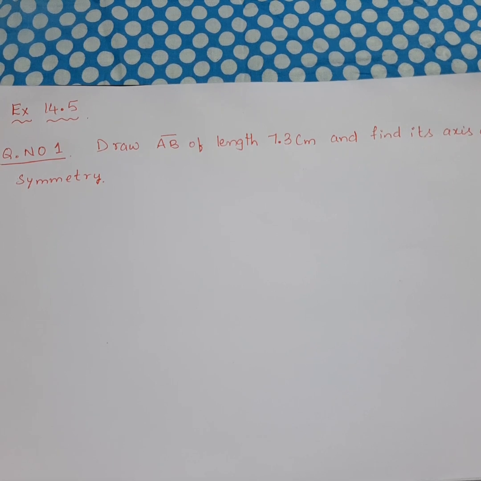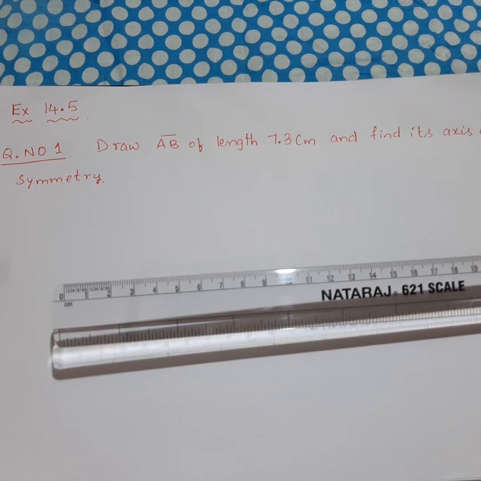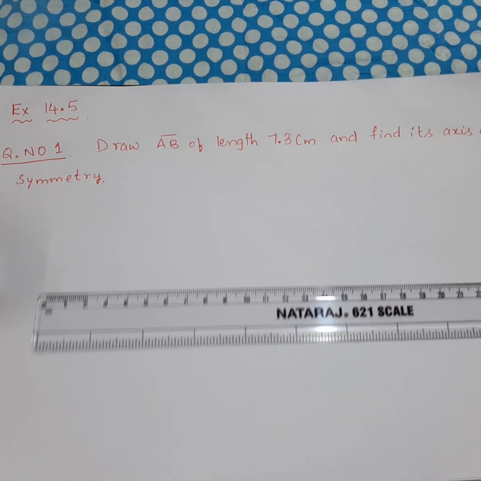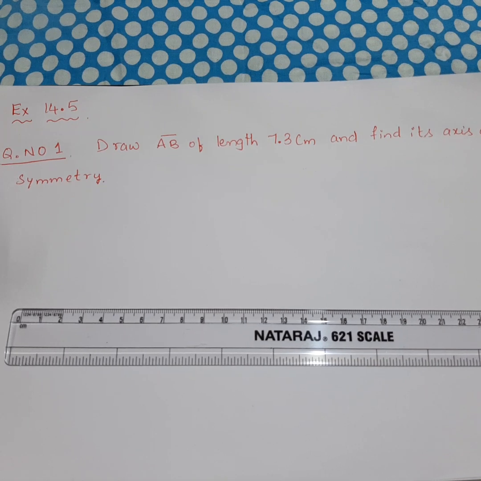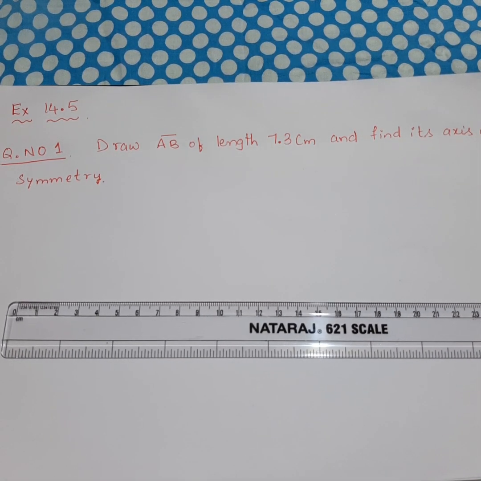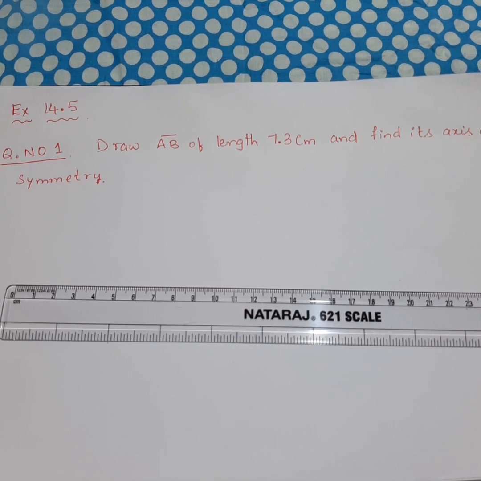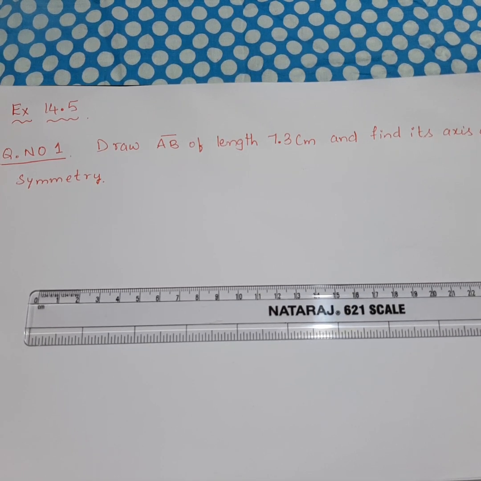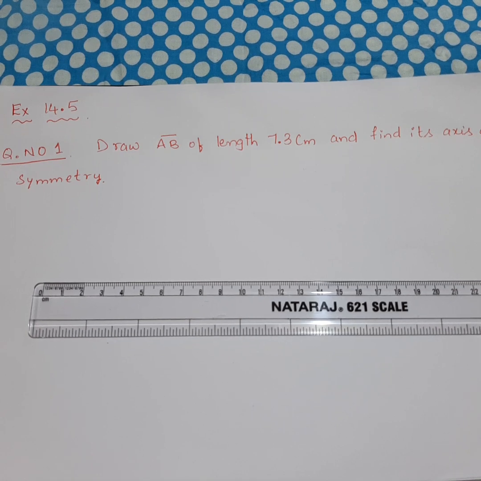So here they have given the line segment, the length of the line segment AB is 7.3 centimeters. So take a scale and draw the line segment AB of 7.3 centimeters. You need to draw it a little bit in the middle of the page, so that while drawing arcs, you do not get any confusion. Right, children?